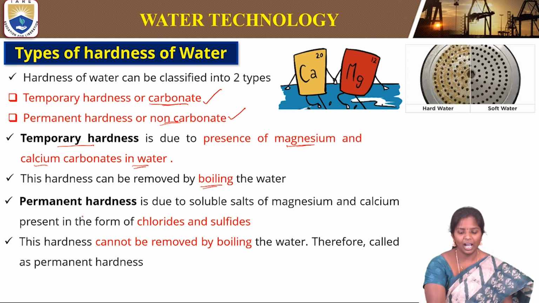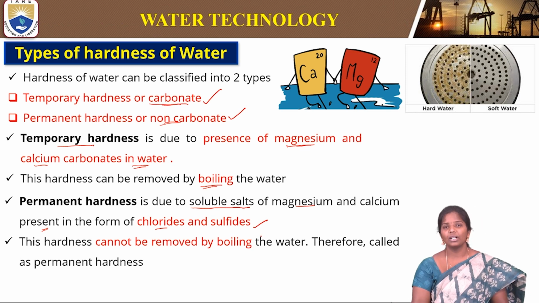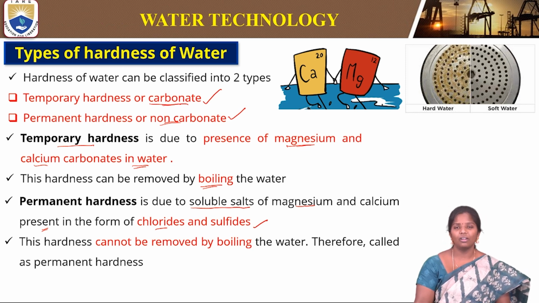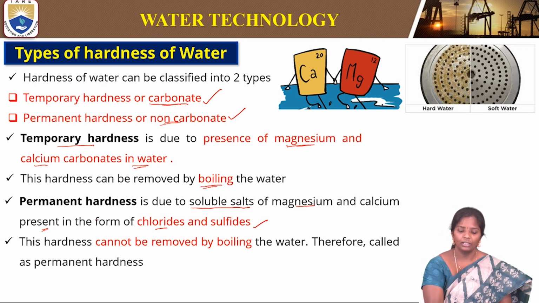So what is permanent hardness? It is due to soluble salts of magnesium and calcium present in the form of chlorides and sulfates. These do not get removed easily from the water, and therefore they cause permanent hardness to the water.